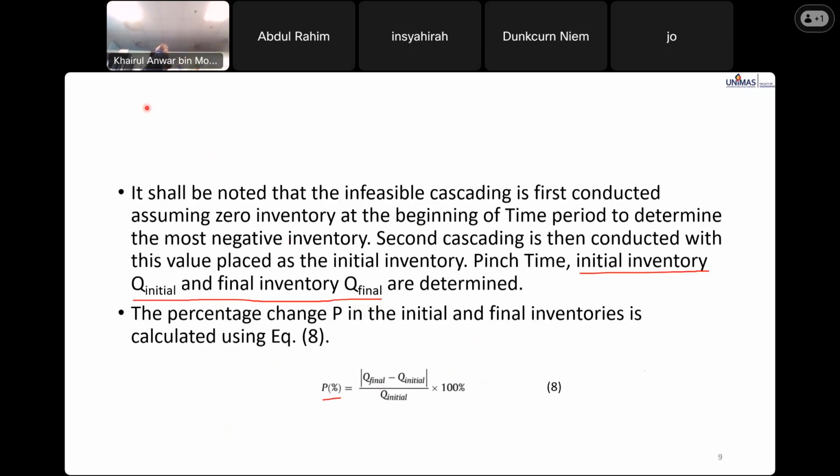It should be noted that the initial cascading is first conducted assuming zero inventory at the beginning of the time period. Yes, it starts at 0. So for gas cascade analysis, the gas generation is constant, but for the cascade analysis, it must start with 0.